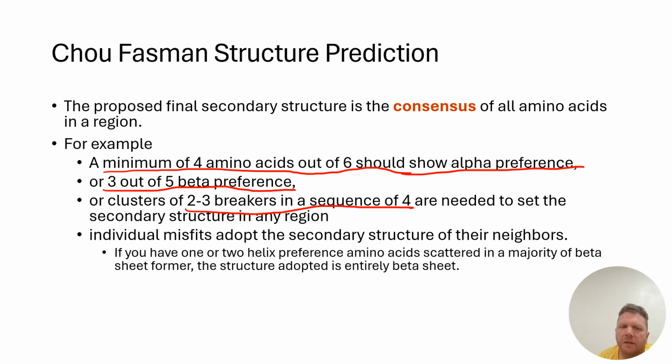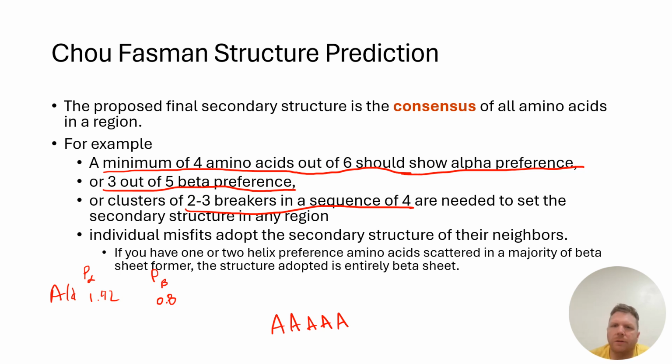What that means is, let's say alanine has a P sub alpha of 1.42, P sub beta of 0.83. So let's say that we had A, A, A, A, that would be 5 alanines. Those are all alpha helix formers.